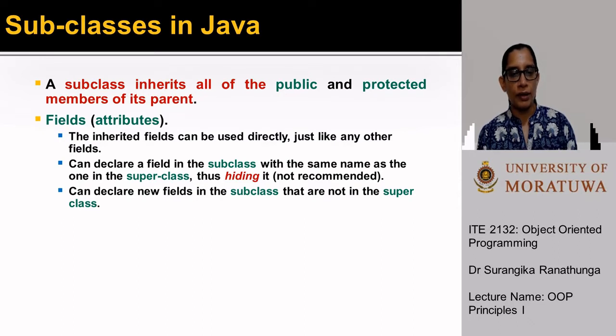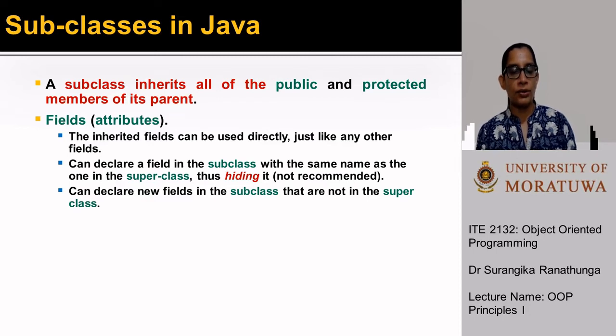And if the subclass wants, it can declare a field that has the same name as the superclass variable or attribute. This is called hiding the variable in the superclass, but it is not a very good practice.